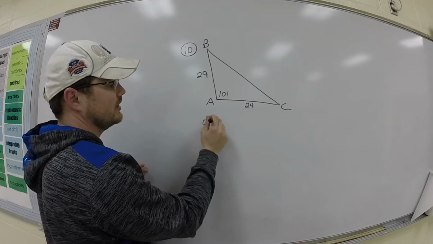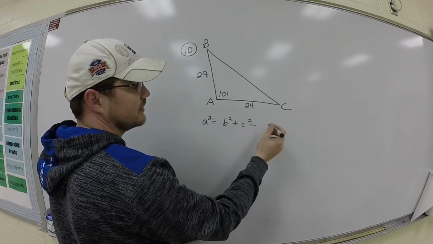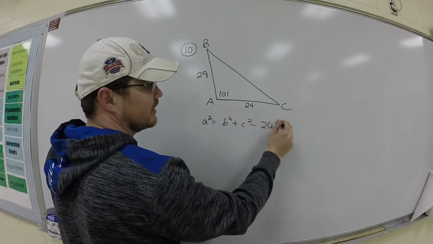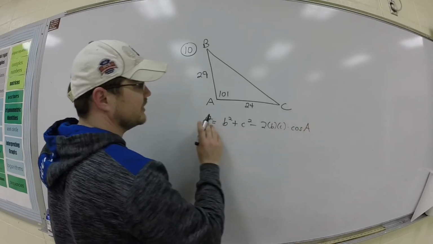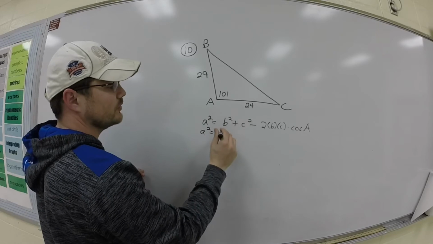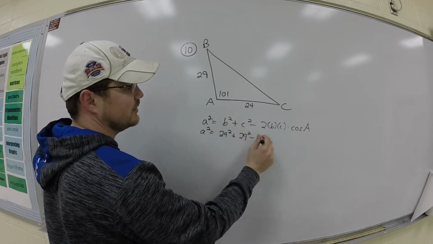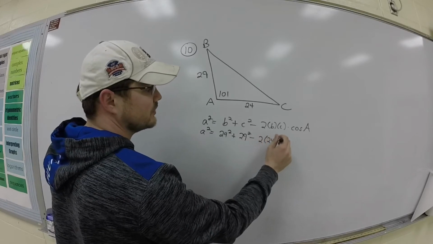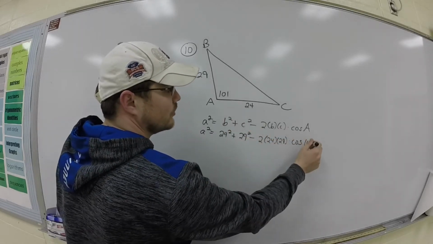So A squared equals B squared plus C squared minus 2 times B times C times cosine of angle A. Let's plug in. So A squared equals B squared, 24 squared, plus C squared, 29 squared, minus 2 times 24 times 29 times cosine of my angle A, 101.